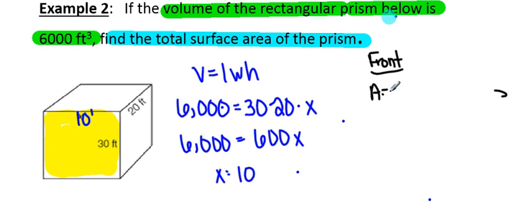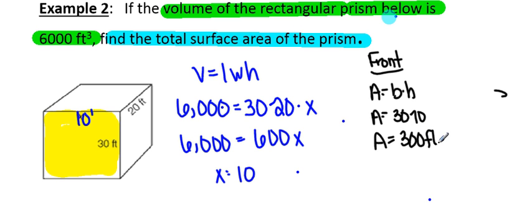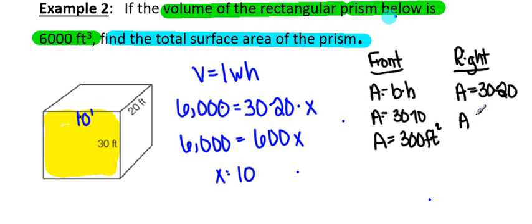The area here is going to be length times width or base times height, whatever you prefer, or 30 times 10, which is 300 square feet. The right side of my box, which is the same as the left side of the box, that too is going to be base times height, which in this case is going to be 30 times 20, giving us 600 square feet for the right side of the box.